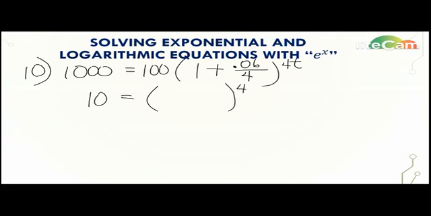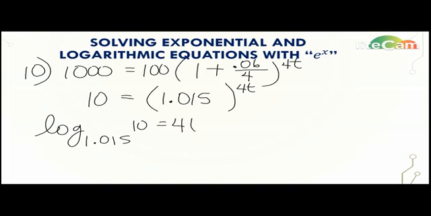We're going to go ahead and divide that 100 over so we get the 10 again. And if we do 0.06 divided by 4, we get 0.015, which means I've got my number for the inside right here. I'm going to convert it to a log. And we've got to divide by 4 in the end. So we're going to do the log first.